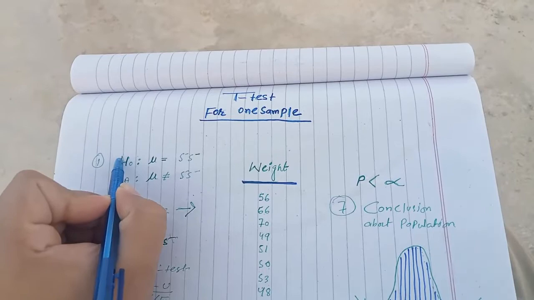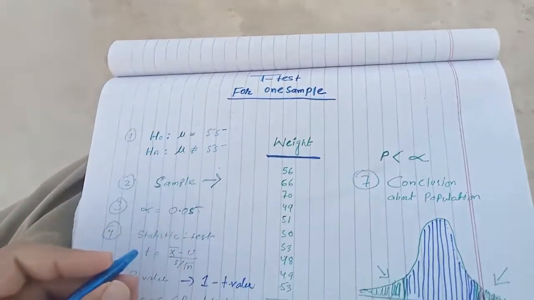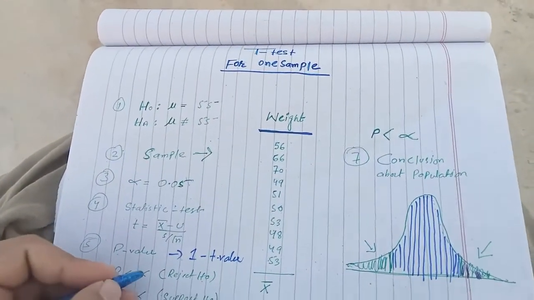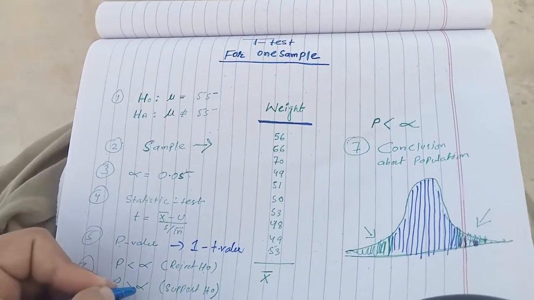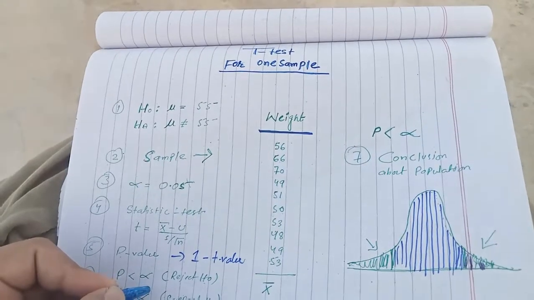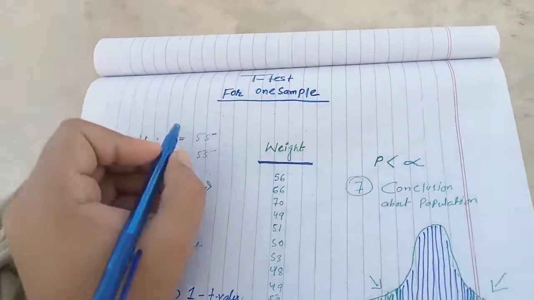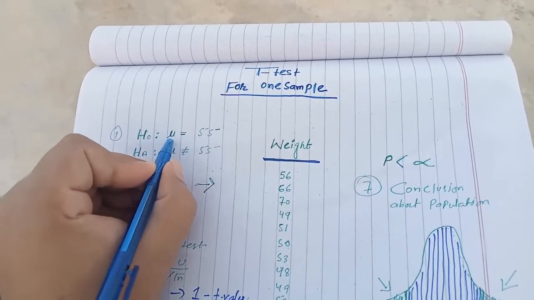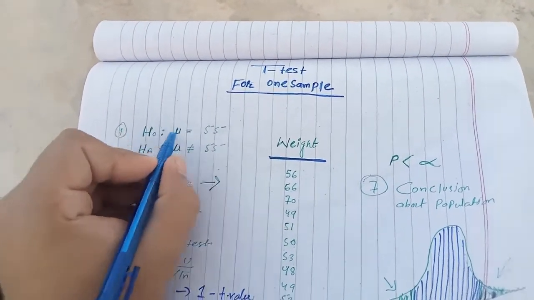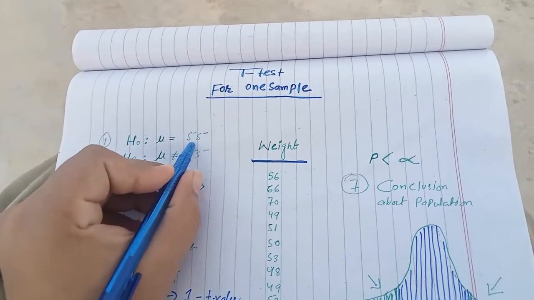We reject the null hypothesis when the p-value is less than alpha. If the p-value is greater than alpha, we support the null hypothesis, and we can say that yes, the average weight of the students of that school is 55.